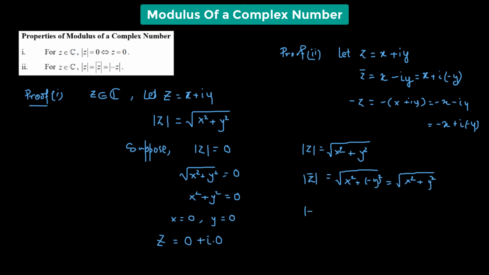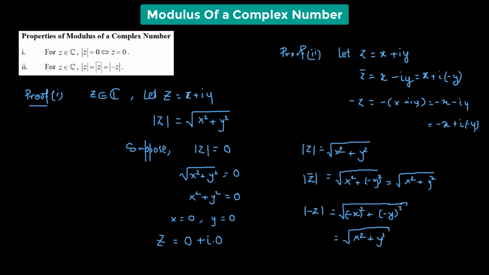And finally we have the absolute value of the negative complex number, so that would be simply negative x squared plus negative y squared, which will also be equal to x squared plus y squared.